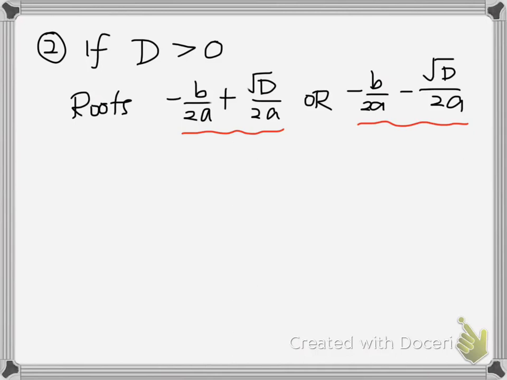For example, let's say this whole thing on the right hand side equals 1, for something very simple. Then you have minus b over 2a plus 1, or minus b over 2a minus 1. These two roots are definitely different.